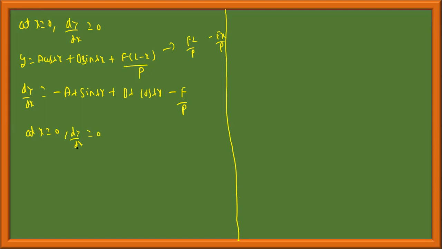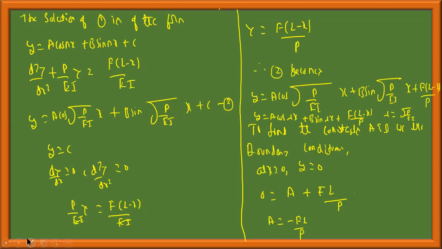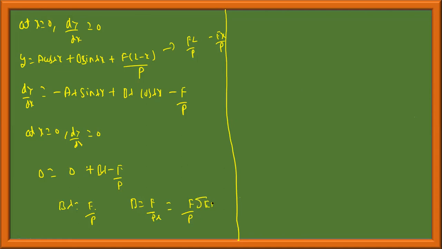This will be 0 plus b lambda minus f by p, so b lambda is equal to f by p, or b is equal to f by p lambda, where lambda is equal to root(p by EI). 1 by lambda is root EI by root p, so b is equal to f into root EI by p root p.